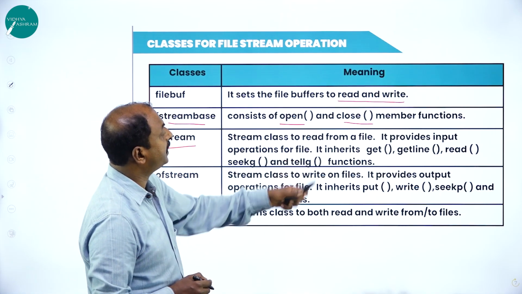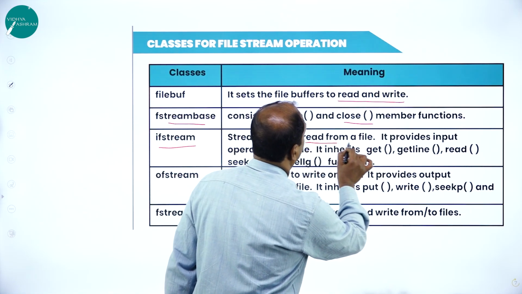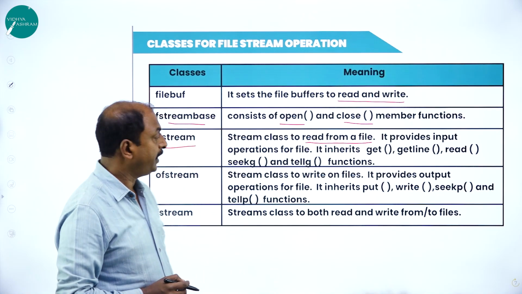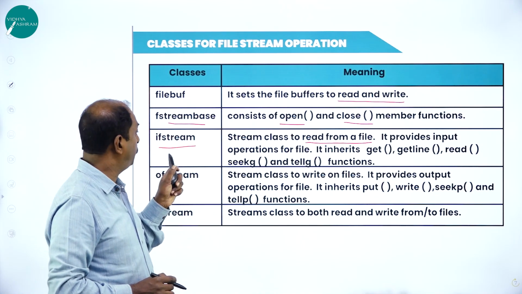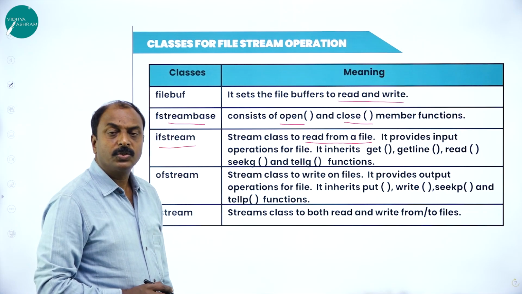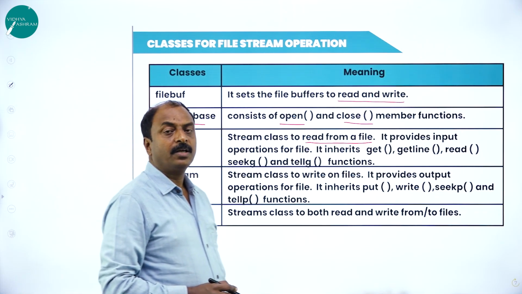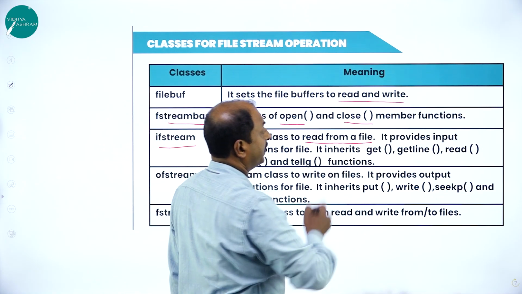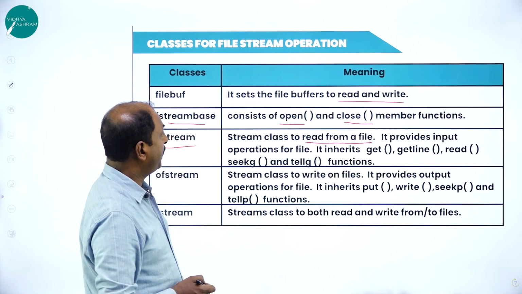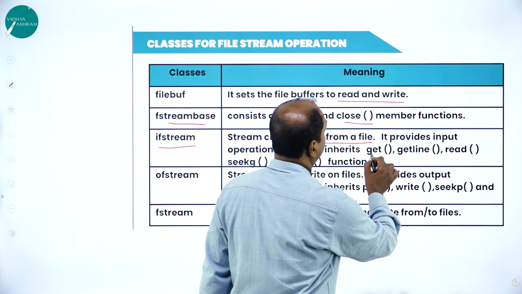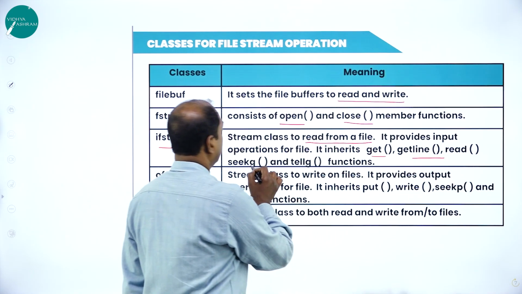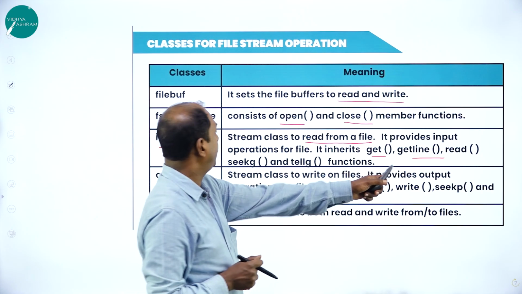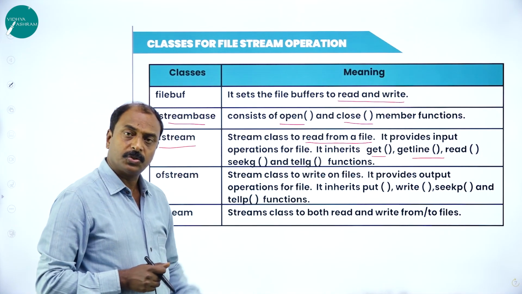It is a stream class to read from a file. Please note that here I stands for input stream. We use the stream to read data from a file, and it provides many functions like getline, read, seekg, and so on.